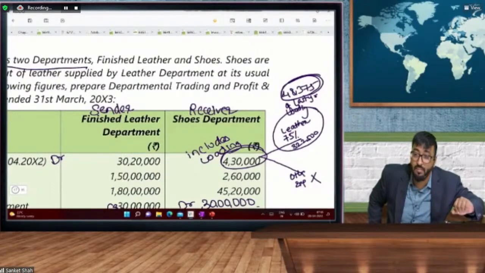Dad-son concept. Please improve your level of detail. You have to understand chartered accountancy is not a course like your 11-12 standard.